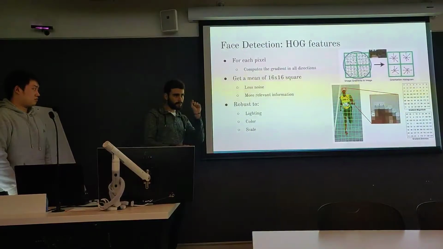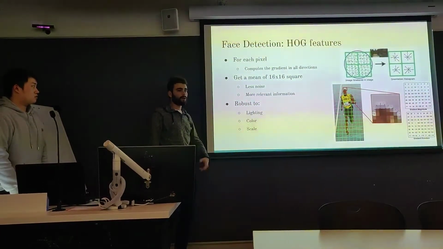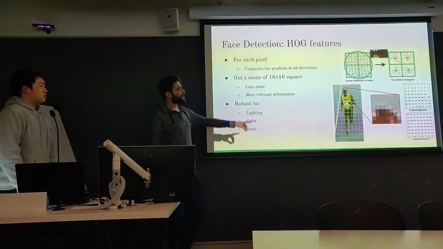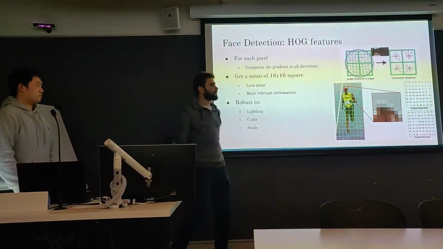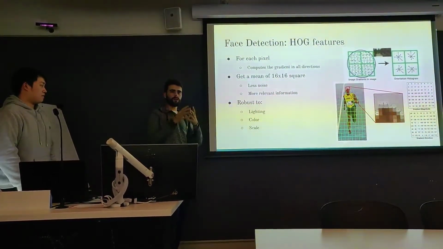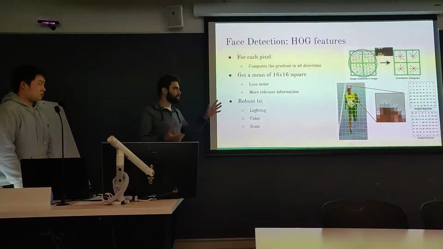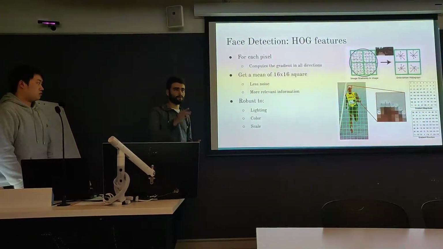We're actually only looking at every single pixel. So what we want to do is get a 16 by 16 square in our implementation, so we can have something like on the top right of the slide, which is a better representation of the whole image. This will give us more relevant information, and maybe remove a little bit of noise.